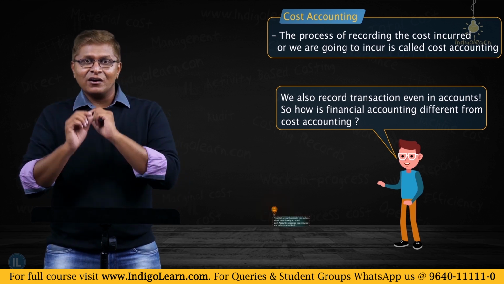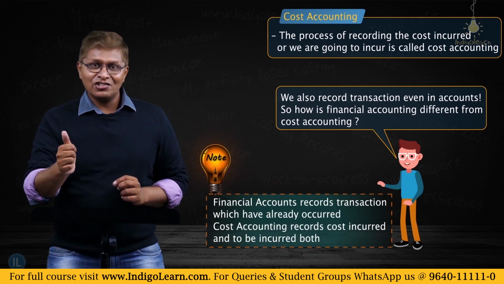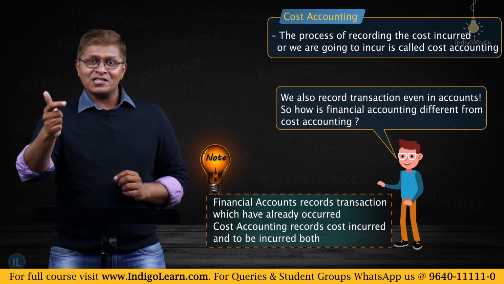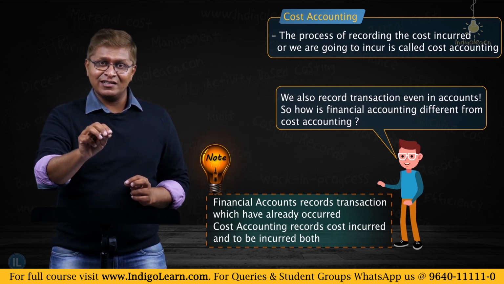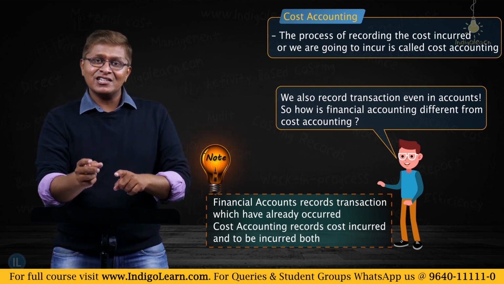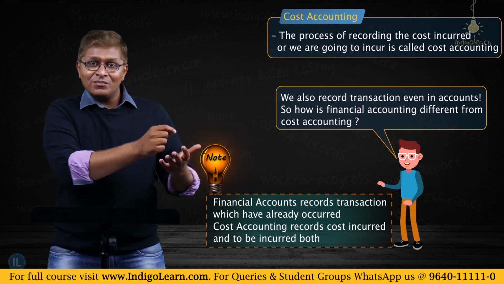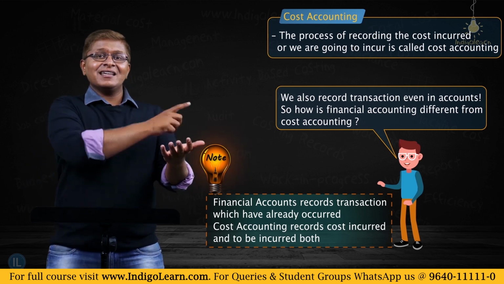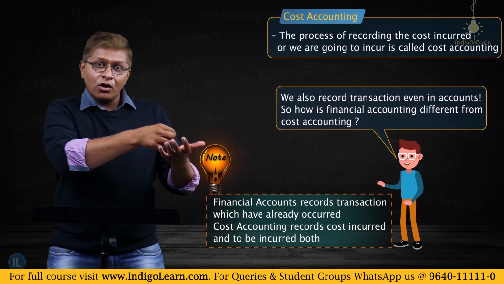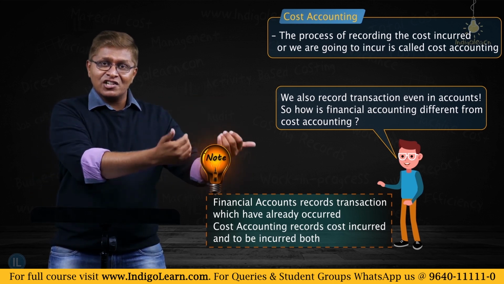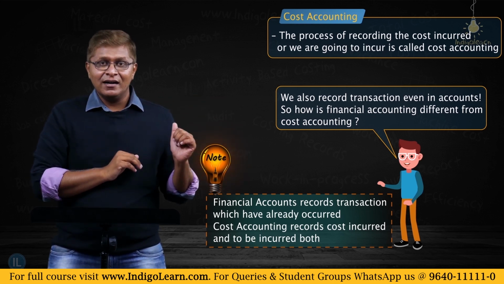Now, you need to understand a very important point. In financial accounting, yes, we are going to record, summarize, classify, etc. the transactions, but these are the transactions which have occurred in the past. Financial accounting comes into picture once the transactions have taken place. You can record the transactions once the transaction is complete, not before that.